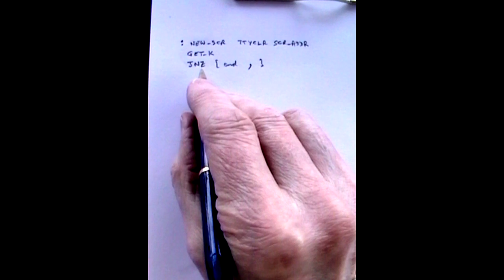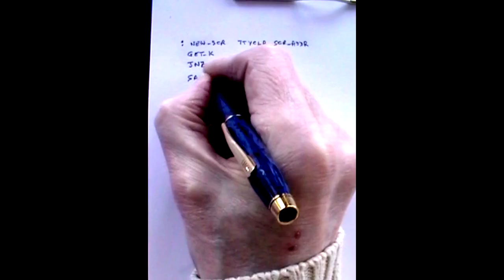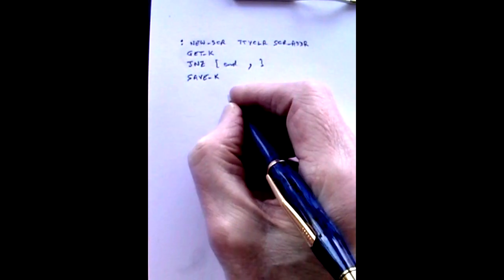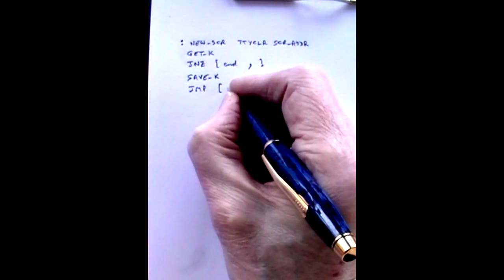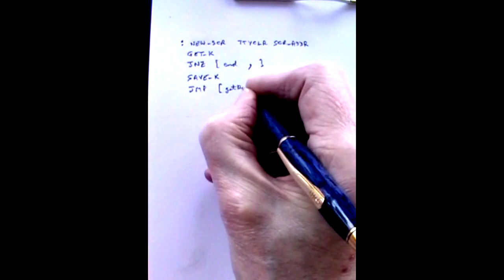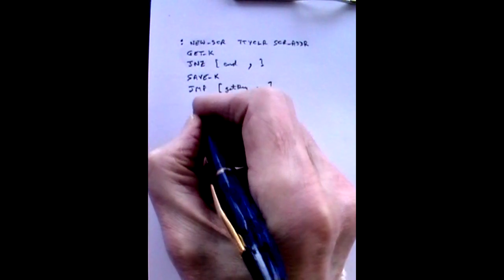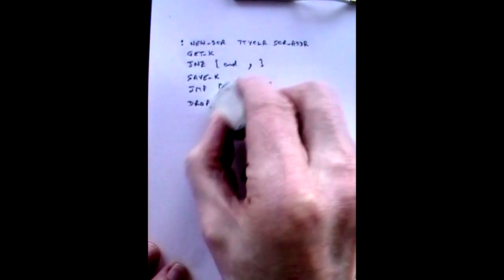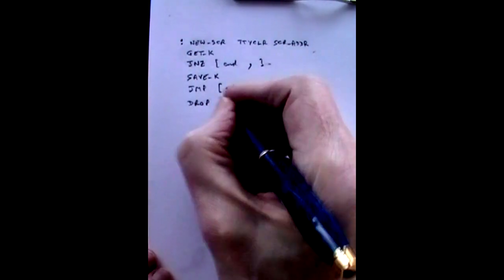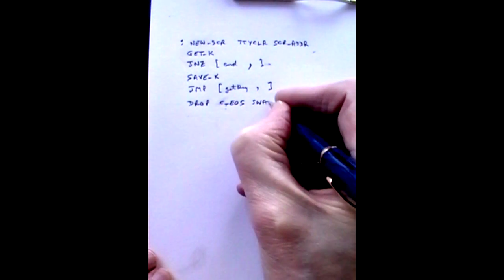If the character is an escape, jump to the end. If not, save key and jump back to get key again. And at the end, as before, restore the end of screen character.